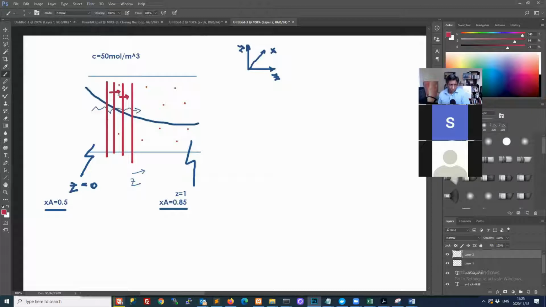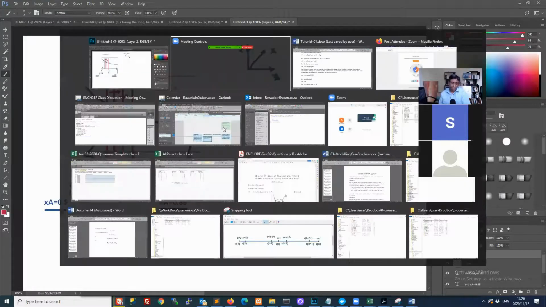Right? So the same argument can be applied to all regions across that tube. That means NA is a constant with respect to Z, right? So your molar flux of A is constant across that whole space.